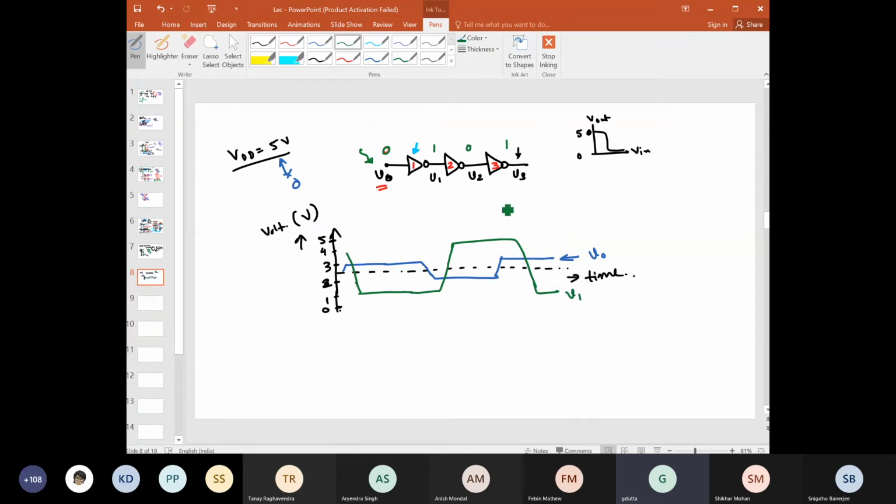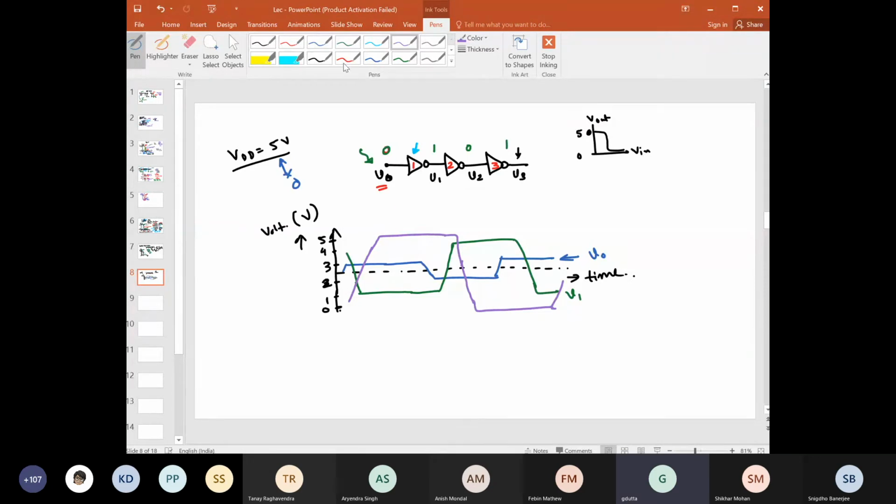So this is V1, and now this V2 will again be inverted and it will be closer to this, the shape will be like this, right?